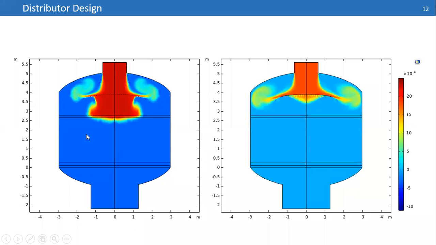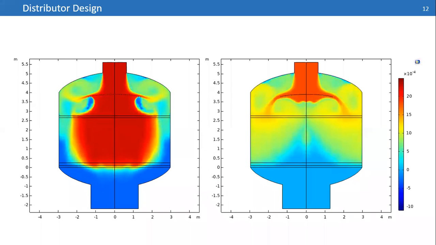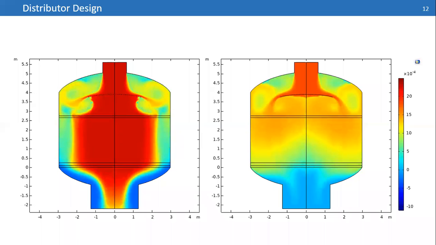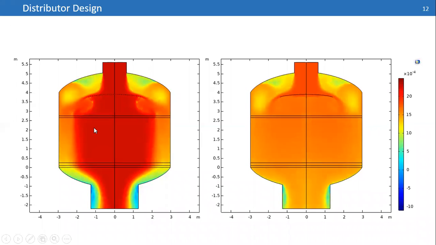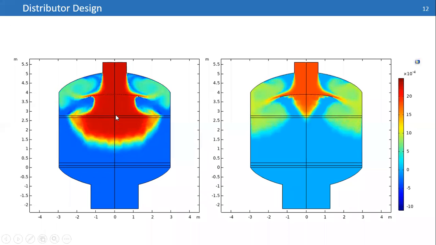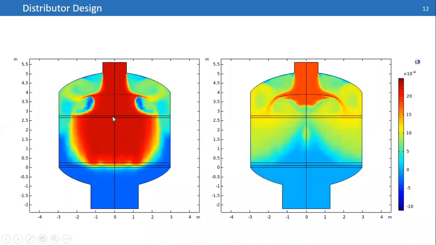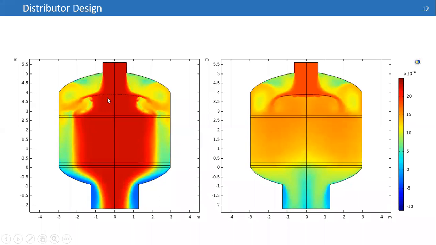So I first just explained how you can design a fixed bed reactor where your reaction is endothermic. Second, we defined an exothermic reaction, and here is an adsorbent that is going to react. But you may ask me, okay, you just defined a simple distributor.